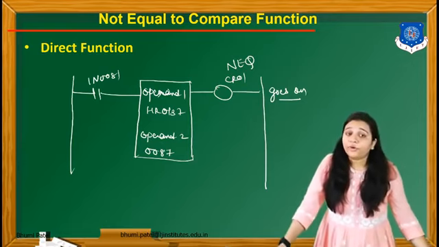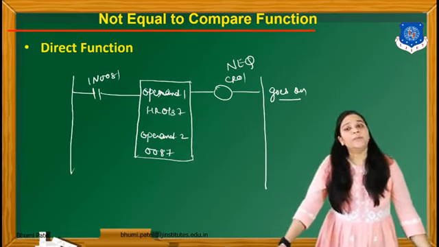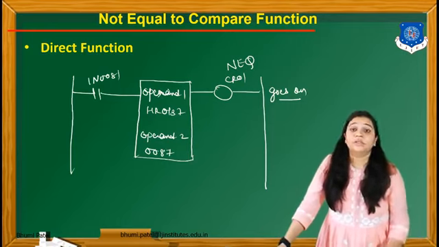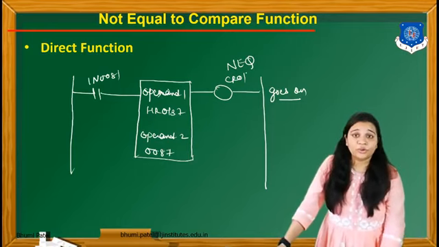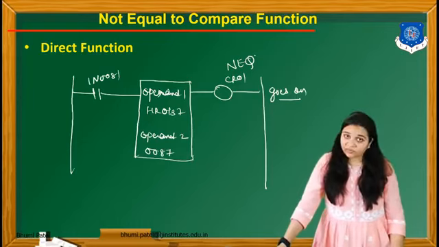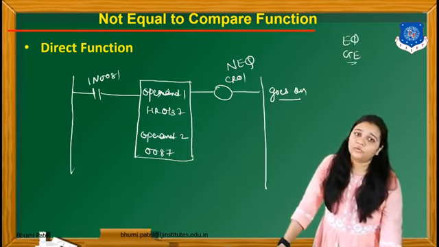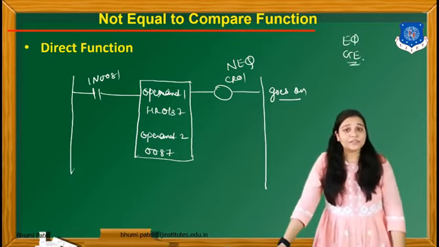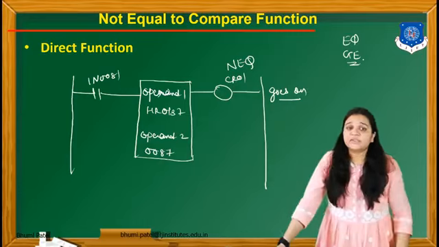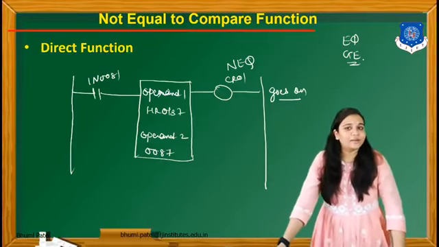This is the direct function used for the not equal to compare function. But when you draw the PLC program, the not equal to function is not given in the PLC software. They give only the equal to function and the greater than or equal to function. In the list only two comparison functions are there, equal to and greater than or equal to.